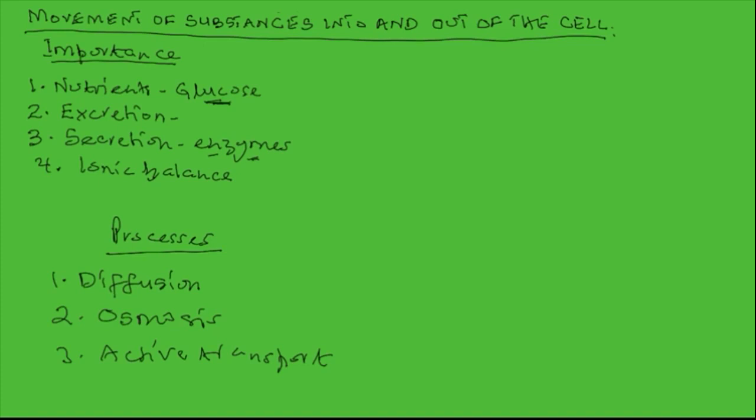Diffusion can be defined as the process by which particles move from a region of high concentration to a region of low concentration. For instance, from this region where they are highly concentrated, they diffuse to a region of low concentration.